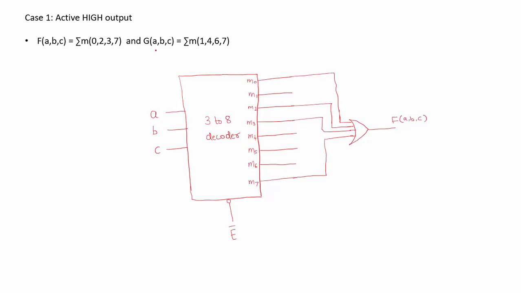And function g is 1 for minterms 1, 4, 6 and 7. So this is 1, this is 4, 6 and 7.